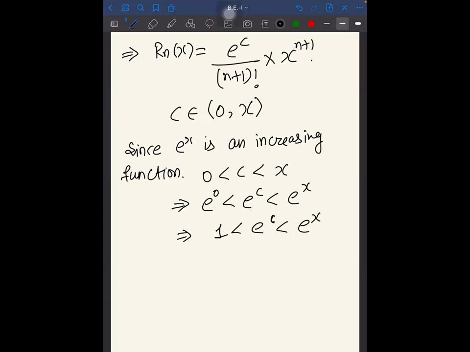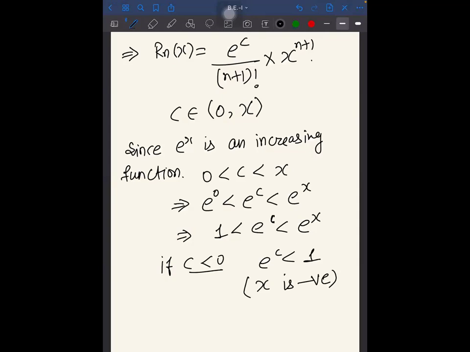So what happens if your x is negative? Then c will be something between negative and 0, so your e^c would be less than 1.